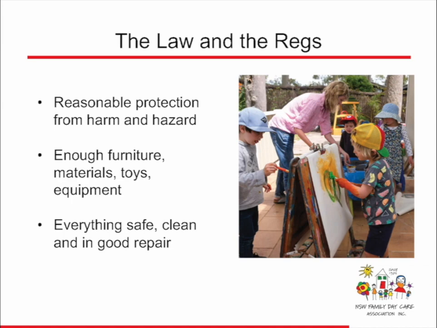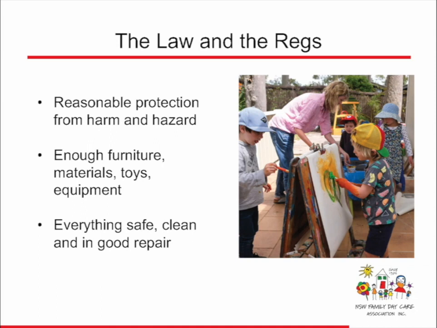Most of the laws and regulations relating to creating learning spaces require your provider to do something. Your family daycare provider has to make sure that every reasonable precaution is taken to protect children from harm or hazard that could cause an injury while they are with you, and that's in section 167 of the law. They also need to make sure that there is enough furniture, materials and toys and equipment for the children that you are caring for, and that's in regulation 105.